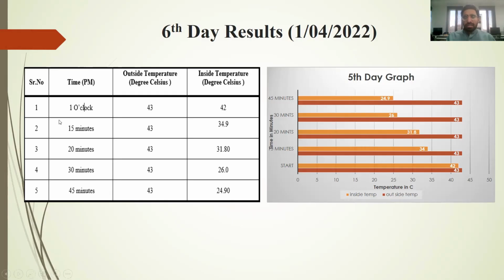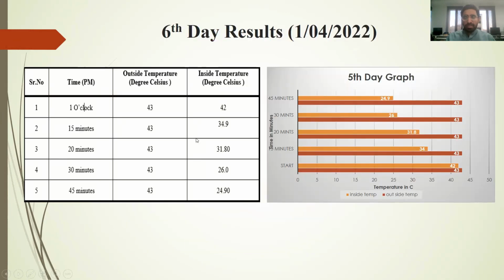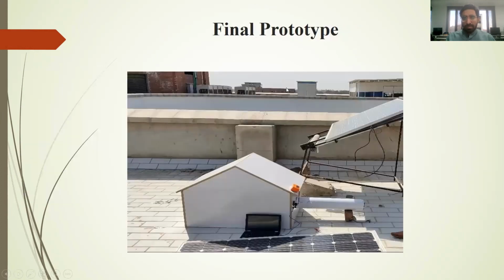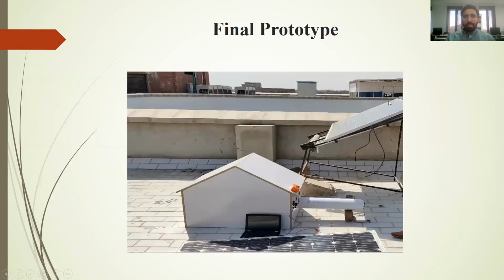And this is the graph of this data. On the y-axis, temperature is shown, and on the x-axis, time is shown. We can see that the yellow columns are showing the inside temperature, and with respect to time, it is decreasing.